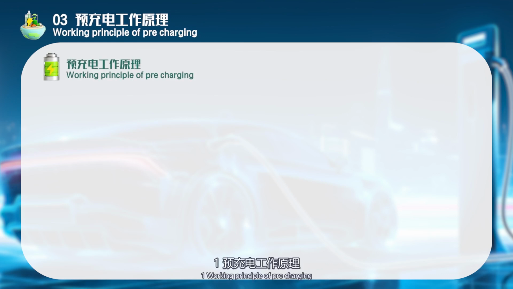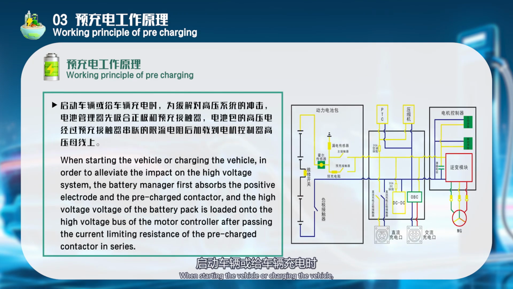1. Working principle of pre-charging. When starting the vehicle or charging the vehicle, in order to alleviate the impact on the high-voltage system, the battery manager first pulls in the positive contactor and the pre-charge contactor, and the high voltage of the battery pack is loaded onto the high-voltage bus of the motor controller after passing through the current limiting resistor in series with the pre-charge contactor.